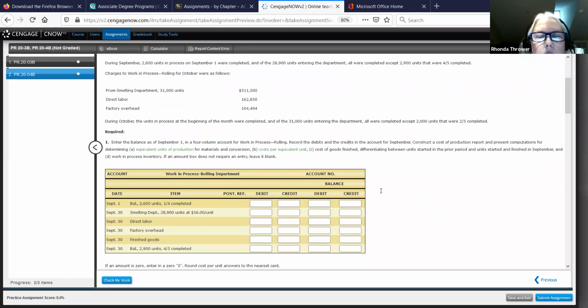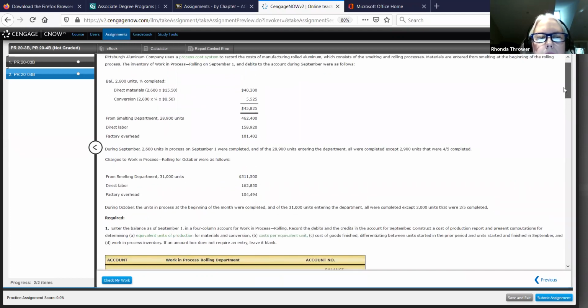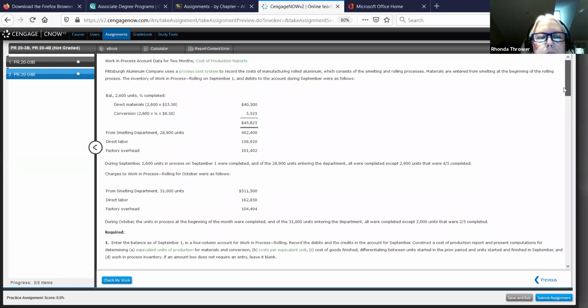So in this problem, they're actually starting with the work in process ledger account, and we have to enter some information in there that was given to help us to get started. So they want us to enter the balances as of September the 1st. And so we're going to look for the balance at September the 1st in the work in process account.